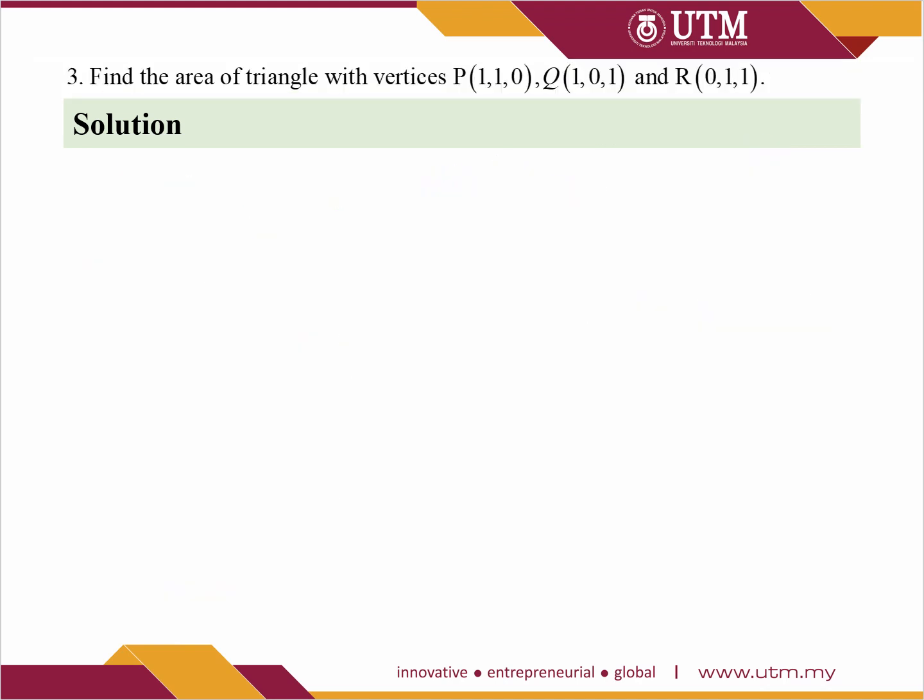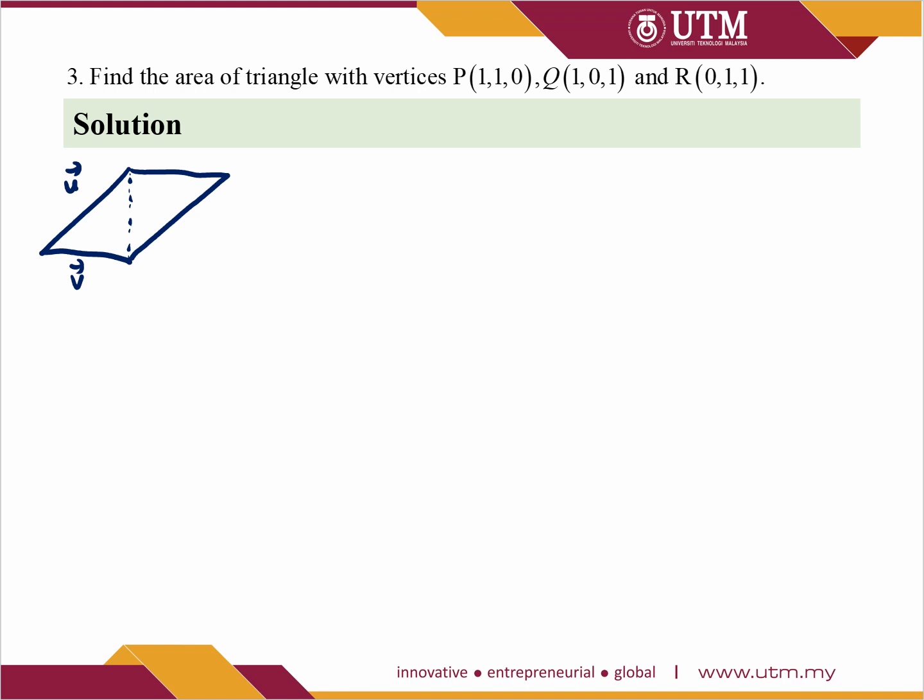Okay, the last one. Find the area of the triangle with vertices P, Q, and R. Remember that the area of the parallelogram is given like this. Let's say this is U and this is V. Here you notice that if we cut the parallelogram into half, you will get a triangle shape.